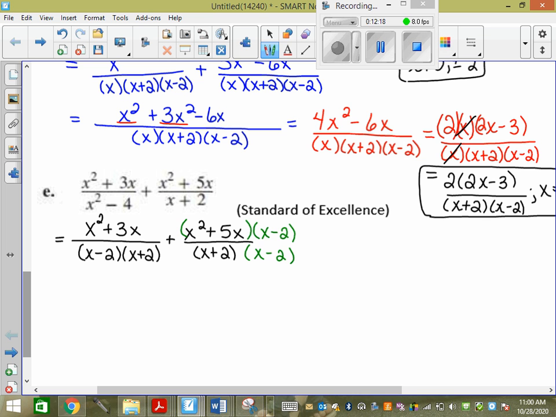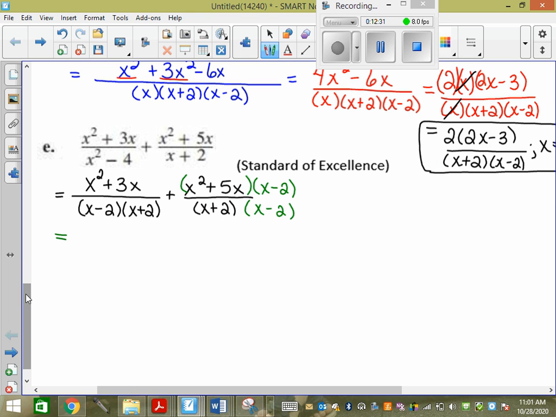Because I have a binomial times a binomial on the right-hand side, what am I going to have to do? Distribute by using FOIL: first, outer, inner, last. So this one just stays the same: x squared plus 3x over x minus 2, x plus 2. This one I distribute. So I get x squared times x, which is x cubed.